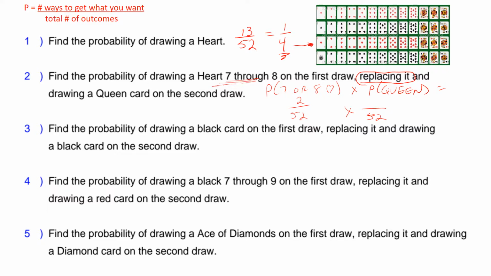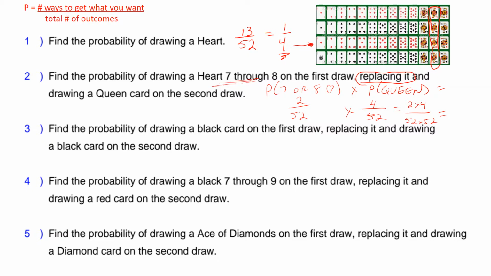I'll take any queen. Well, this whole column in the upper right, you can see those are all queens. So there's 4 queens in the deck. So 4 out of 52. And I can just multiply these two together, right? We multiply straight across. The 2 times the 4 and the 52 times 52. And I'll leave you to multiply those and see if you can reduce them.